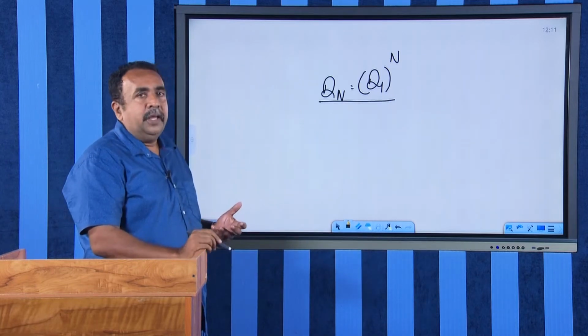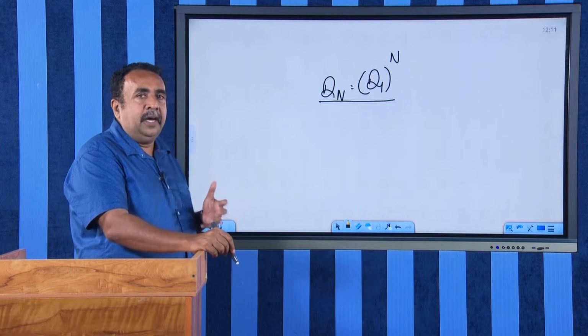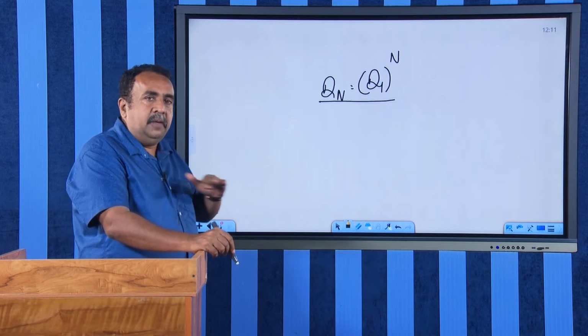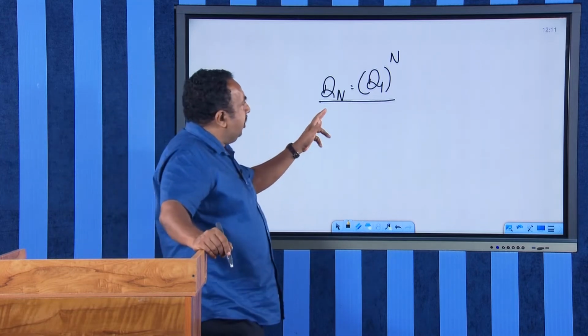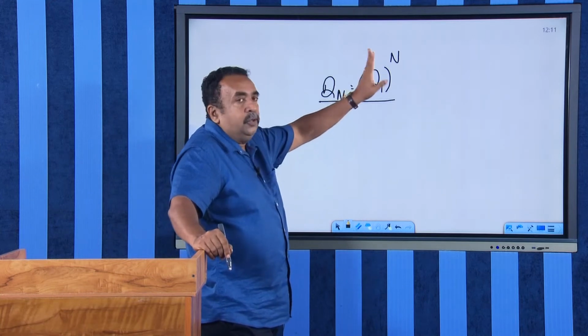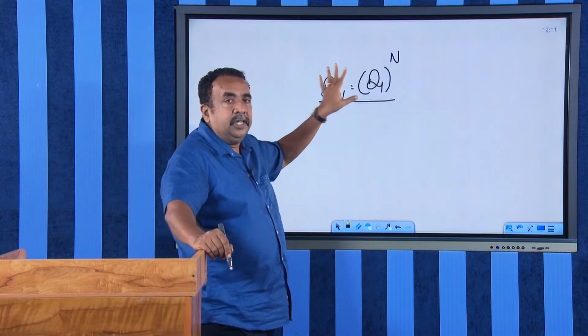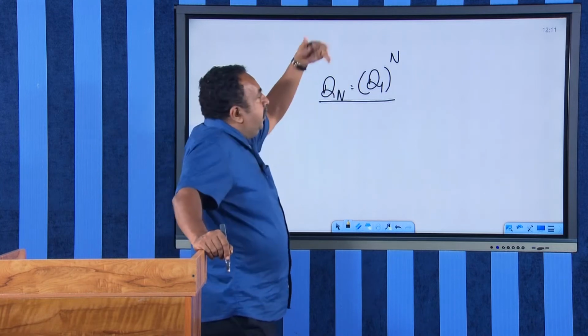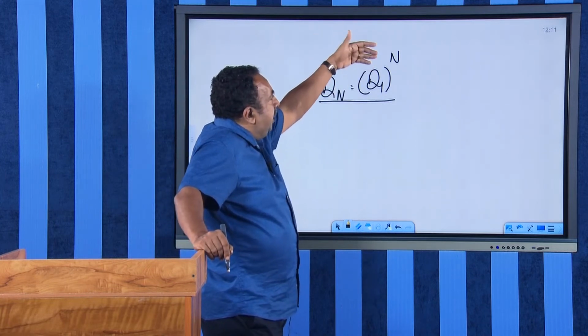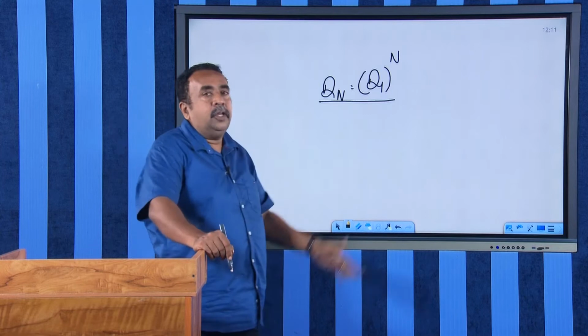Therefore, if you have a large number of particles having the same energy, you need to calculate only the single particle partition function, and then raise it to the power N to evaluate QN.